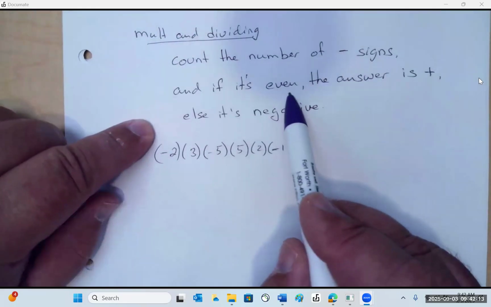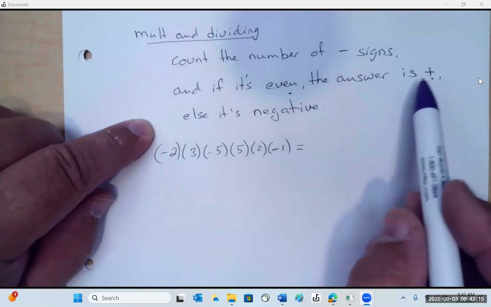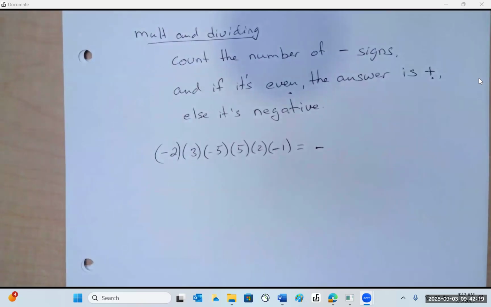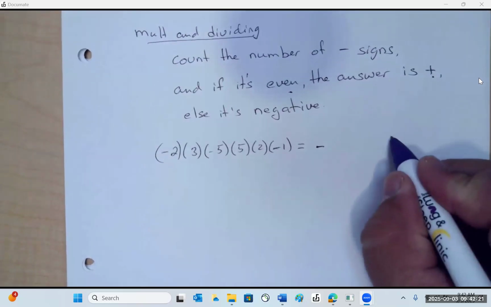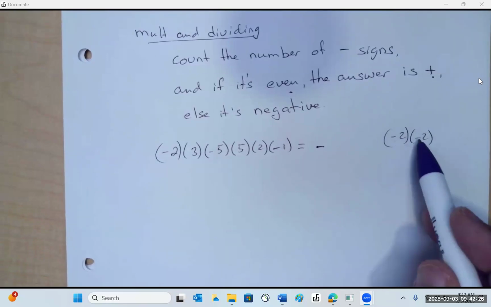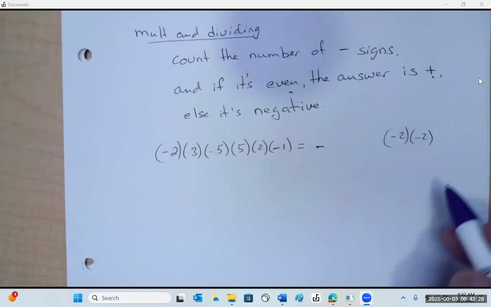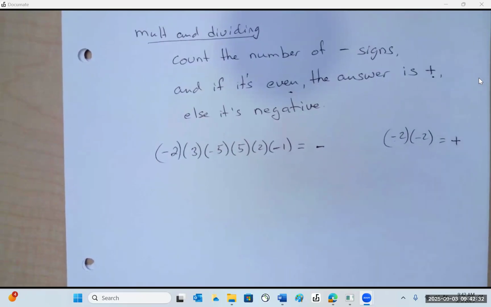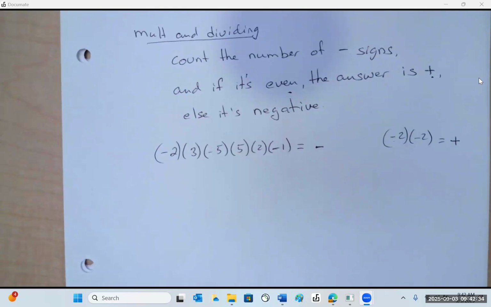If it's an even number, the answer is positive. If it's an odd number, the answer is going to be negative. Why is that the case? Because if I had negative 2 times negative 2, negative times negative is a positive. So anytime you have two of a kind, they cancel out.